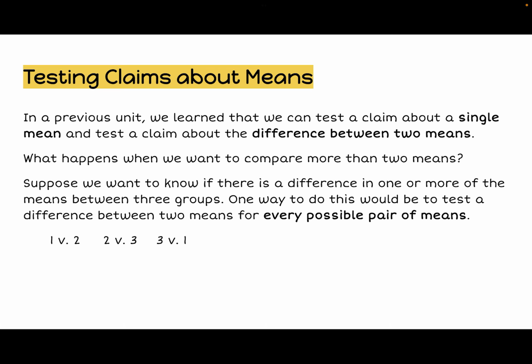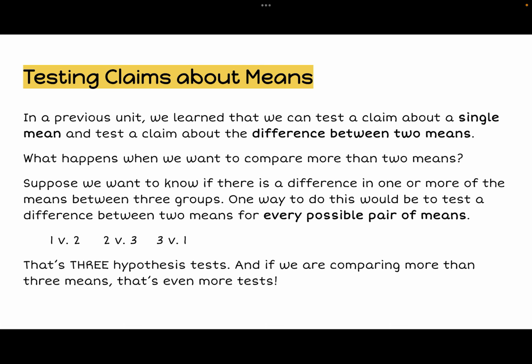And if I have three, I'd have to test 1 versus 2, 2 versus 3, and 1 versus 3. That's 3 hypothesis tests. If we're comparing more than 3 means, that list of hypothesis tests gets even longer. This can become unwieldy very, very quickly.